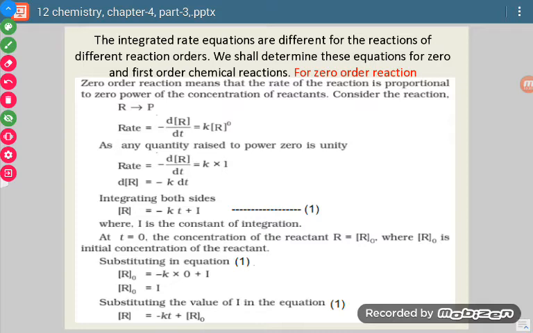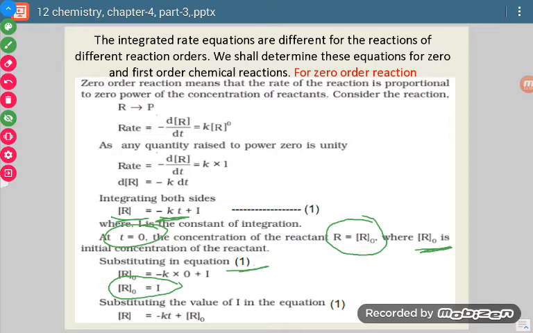Now if we say that time is equal to 0, it means initially, what should be the concentration of reactants? It will be termed as initial concentration, and initial concentration is denoted by R naught. So at t equal to 0, R is equal to R naught. Now when we put this value in equation number 1, at place of t we put 0, at R we put R naught. So the value of I, or constant of integration, will be R naught.